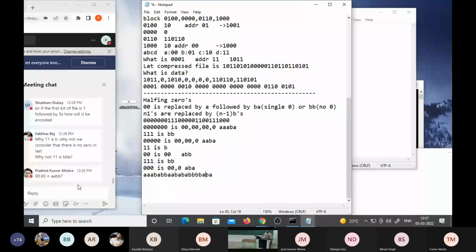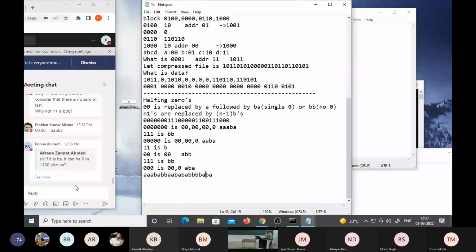That is correct. Prabhat is correct. You see, if it is BA, it can be 0 or you see 1 1.